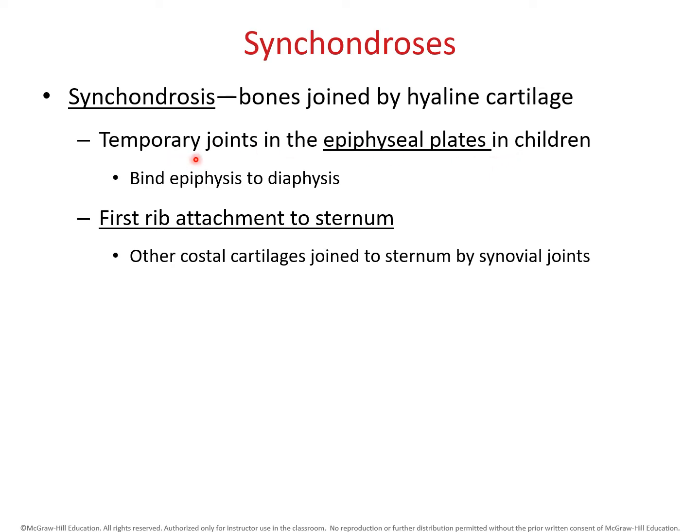So this is what it says, temporary joints. When you're still growing in length, when you're still growing tall, the epiphyseal plates are considered slightly movable joints. These are only in children, remember. And remember where that epiphyseal plate is located, between the epiphysis and the diaphysis of your long bones.